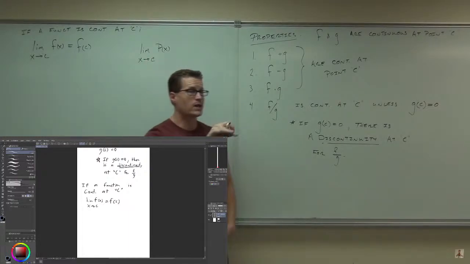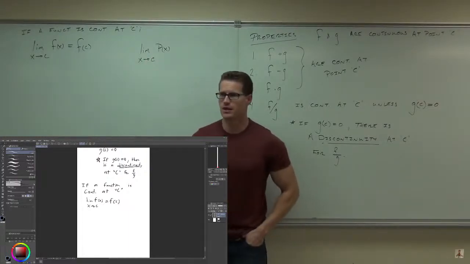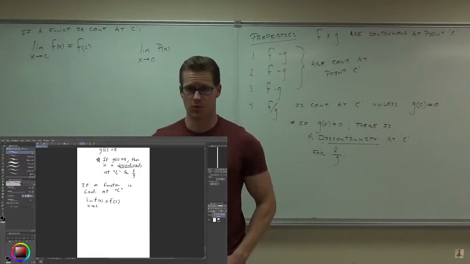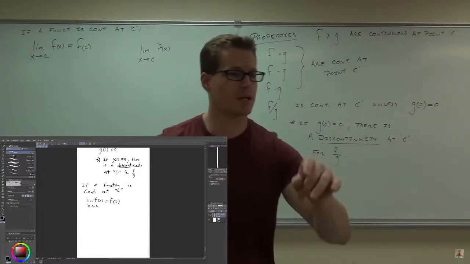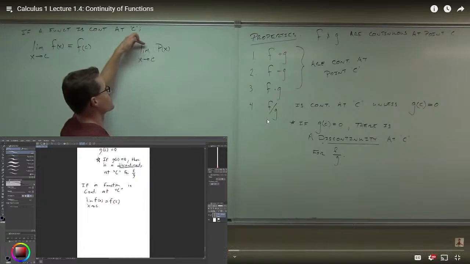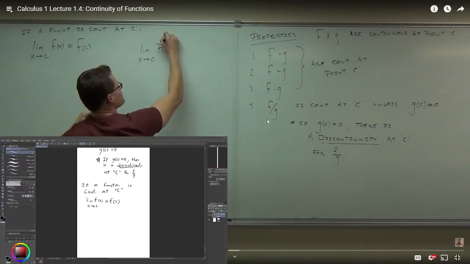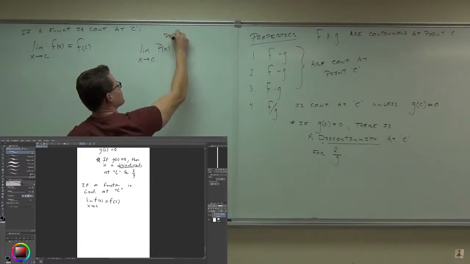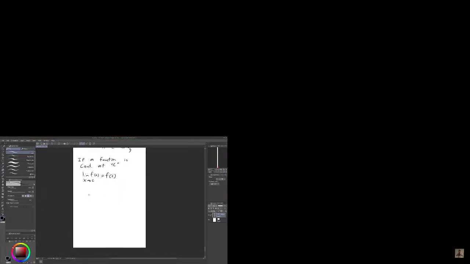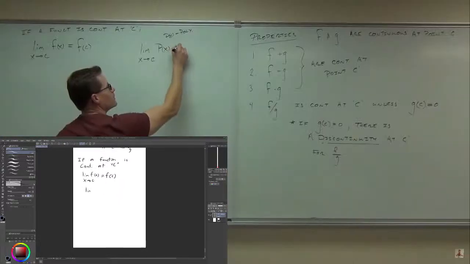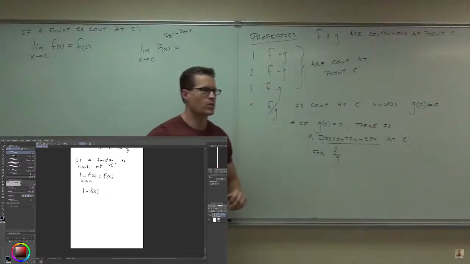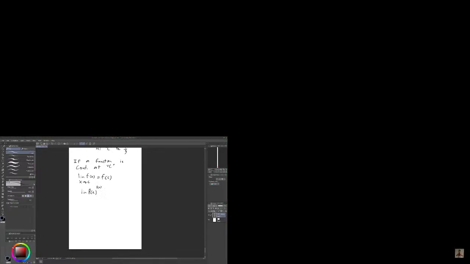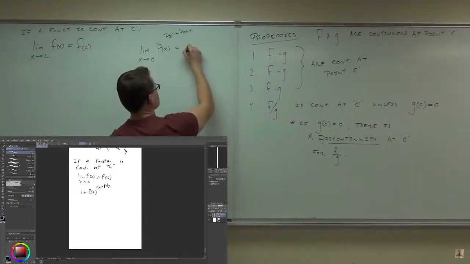Do you remember what you can do to find the limit of a polynomial? Does it involve a lot of work? Just plug it in. So if P of x is a polynomial, you just plug it in. So what would the limit of a polynomial be as x approaches c? P of c. Very good.